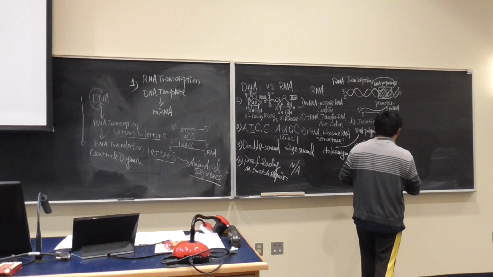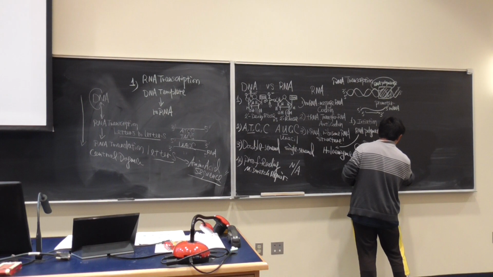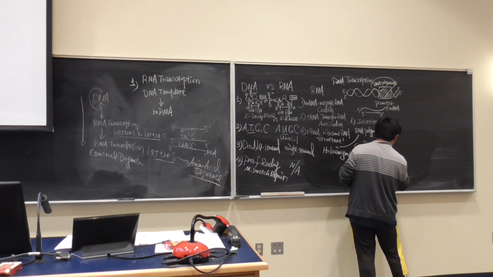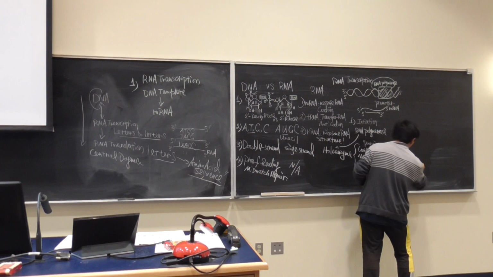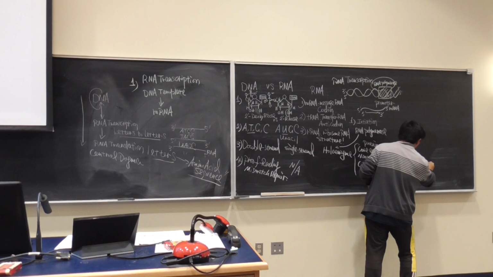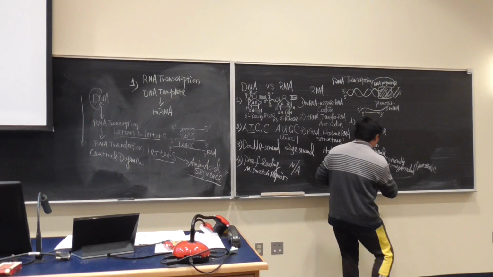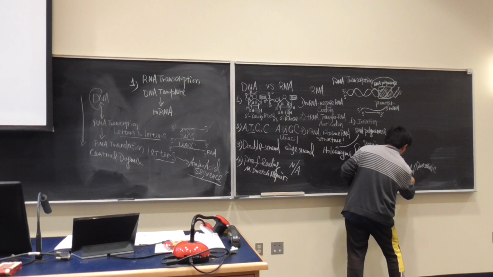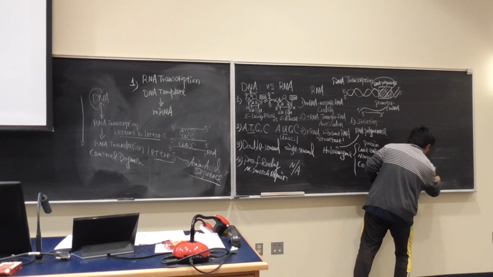If the coenzyme is strictly, or we say firmly attached, we call it a prosthetic group. If it's loosely attached, we call it a cofactor.